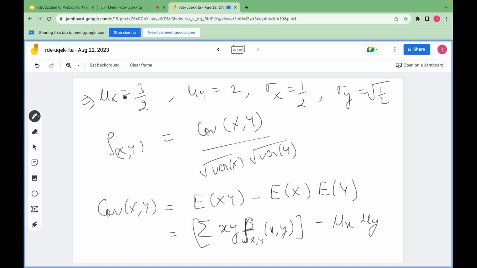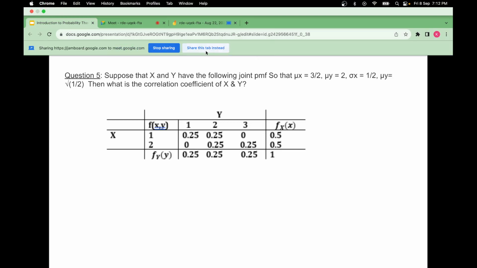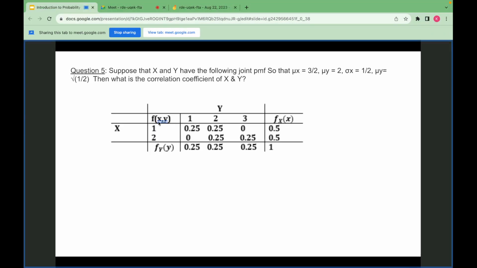These expectations are also given. From the table we can see for f(1,1) the probability is 0.25, for f(1,2) it is 0.25, for f(1,3) it is 0, for f(2,1) it is 0.